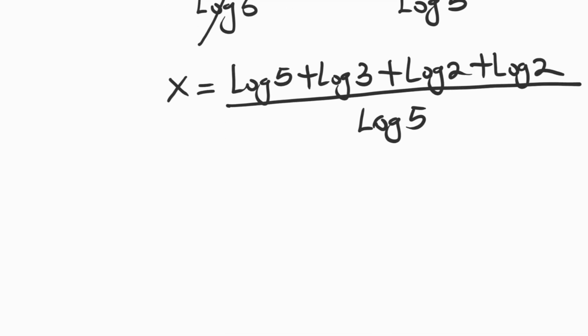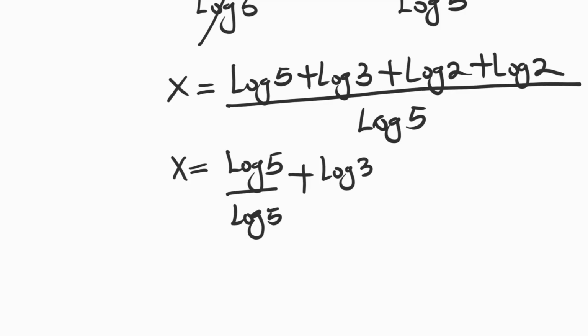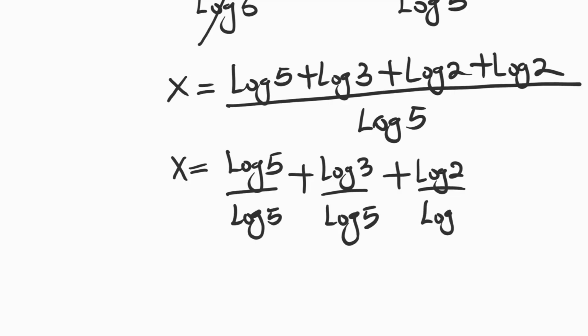So let us rewrite the right hand side as standalone fractions. So this is the same as log 5 over log 5 plus log 3 divided by log 5 plus log 2 divided by log 5 plus log 2 divided by log 5.